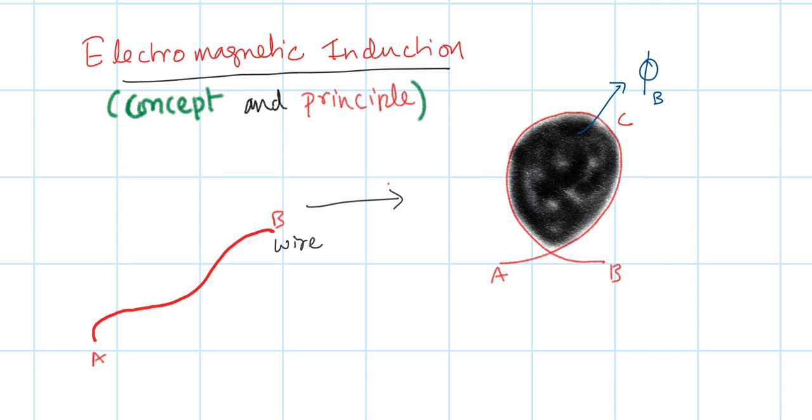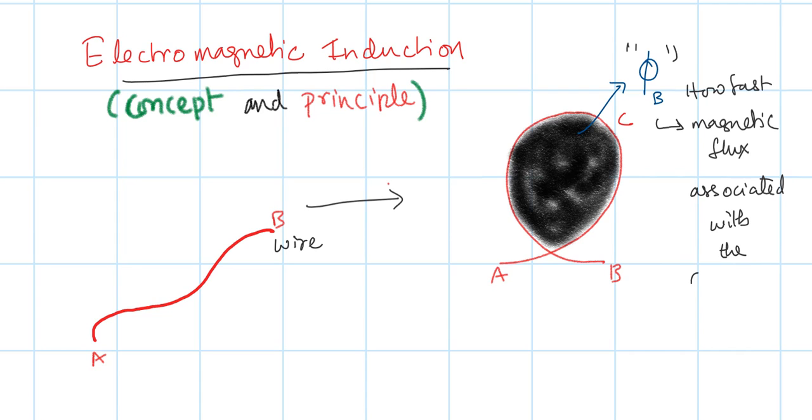If you know that, now to evaluate the induced EMF and the induced current, all you need to know is how fast this quantity, this magnetic flux associated with the coil, changes with respect to time, of course.